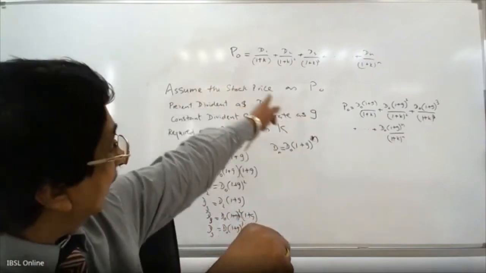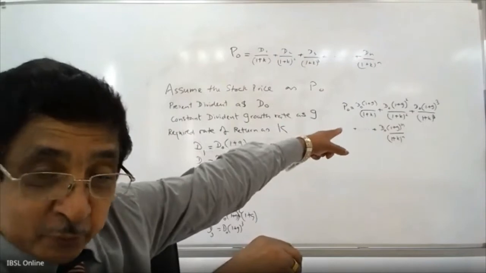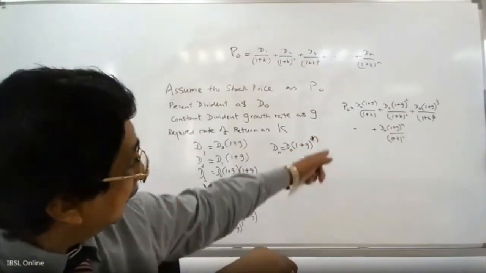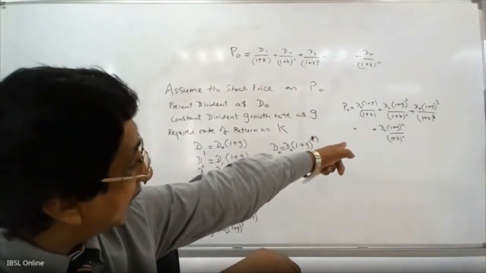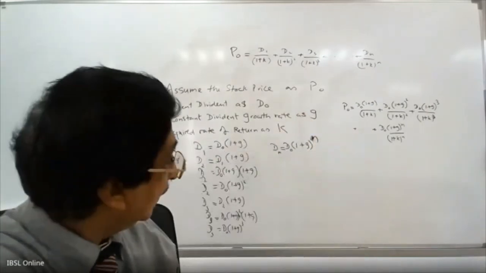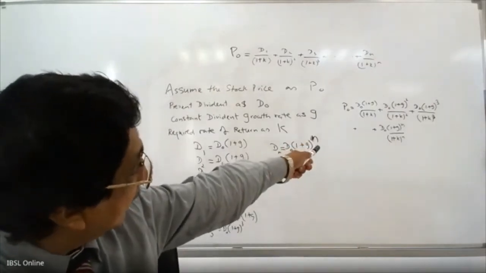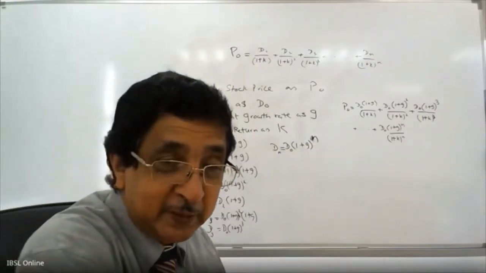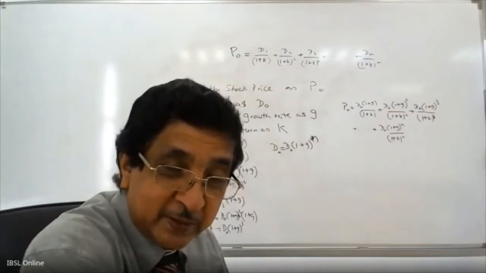Then the second one, D2, also replaced: D0 into 1 plus G to the power 2 divided by 1 plus K to the power 2. D3 also I replaced: D0 into 1 plus G to the power 3 divided by 1 plus K to the power 3. So all being replaced, and the last term I have taken as D0 into 1 plus G to the power n divided by 1 plus K to the power n. So that is how it is being replaced.